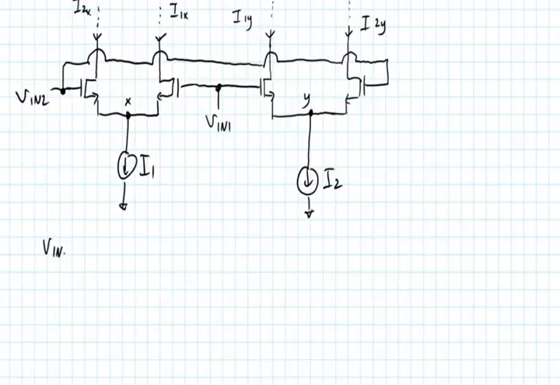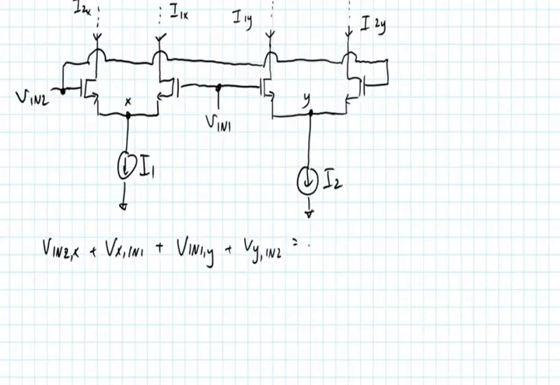That's Vin2,x for the X transistor plus Vx,in1 plus Vin1,y plus Vy,in2 is equal to 0.